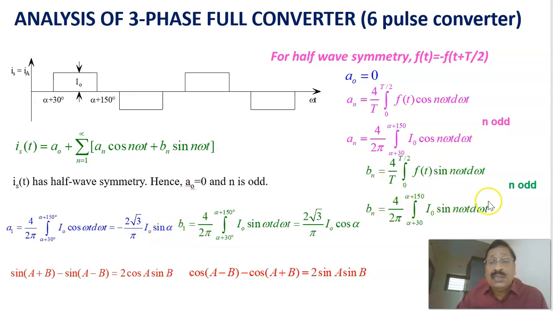Similarly, in the bn equation, if you substitute n equal to 1, B1 equals 4 by 2 pi integral alpha plus 30 to alpha plus 150 of I naught sin omega t d omega t. We get 2 root 3 divided by pi into I naught cos alpha. Therefore, this is the equation for the Fourier constant B1, and this is the Fourier constant A1. A1 and B1 are the Fourier constants corresponding to the fundamental.